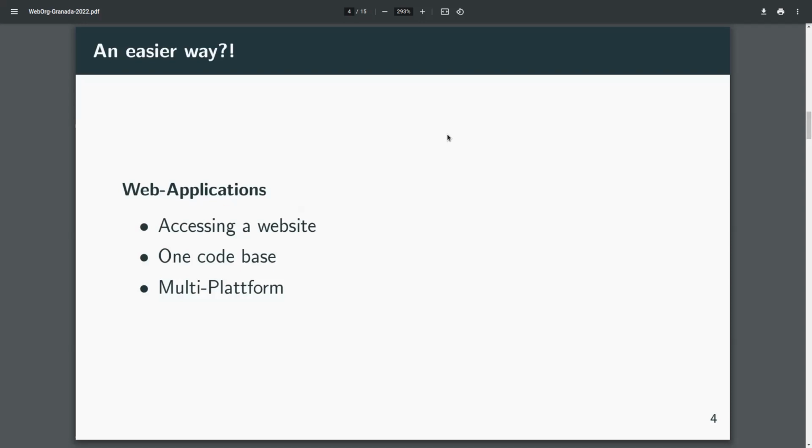And there are some benefits to a web application. As I mentioned, accessing a website is fairly easy. You only have one code base that runs everything. And it's by standard multi-platform.